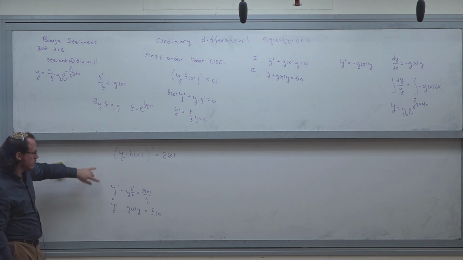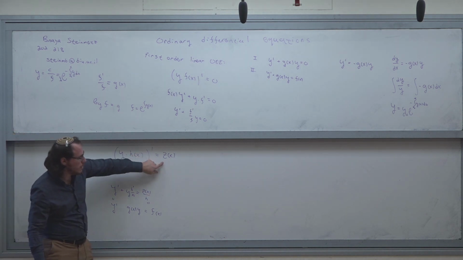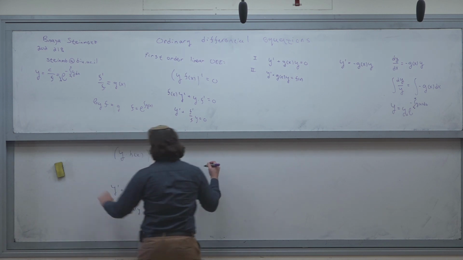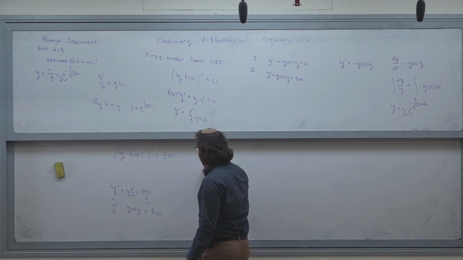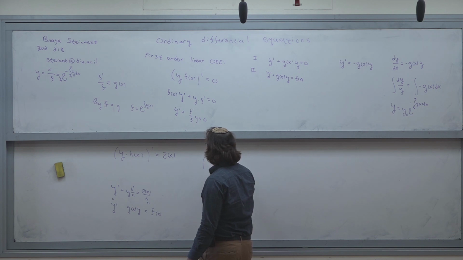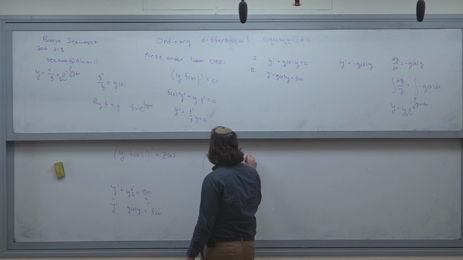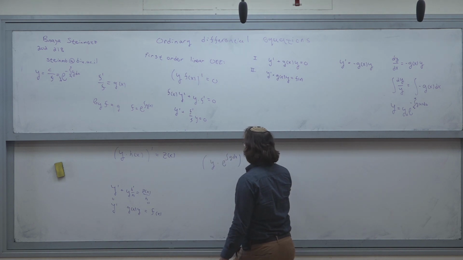So this is why to have this is to have y times g dx prime is equal to f.